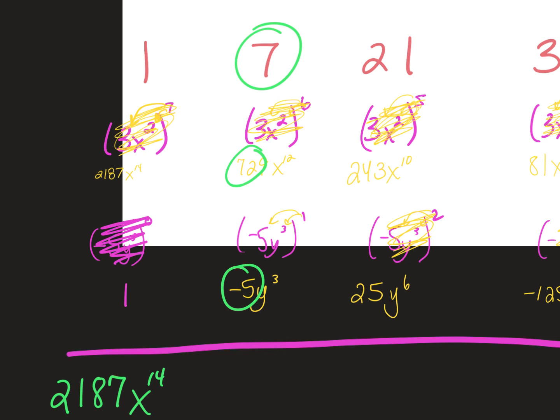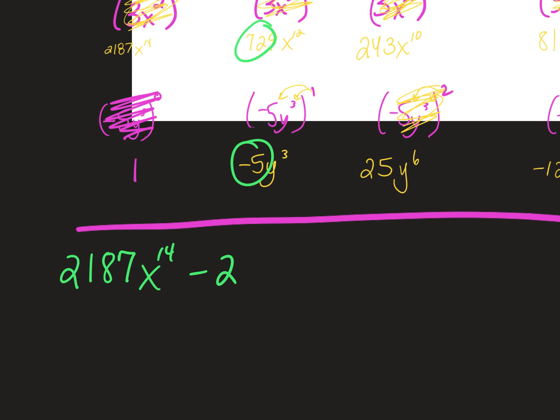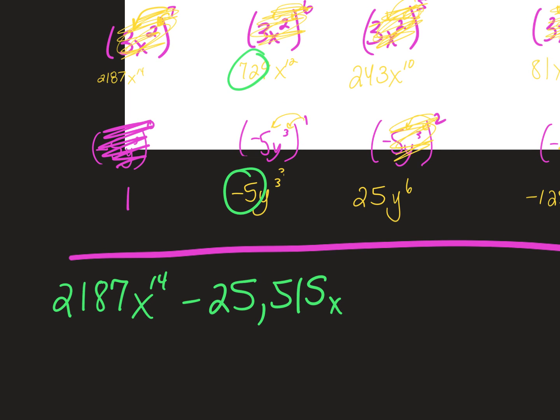I have 7 times 729 times negative 5. Negative 20,... that's what I meant. I looked right at it and I read it wrong. Negative 25,515? X to the 12th, Y to the 3rd.